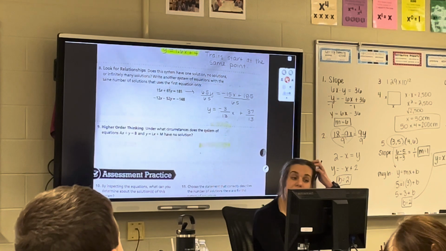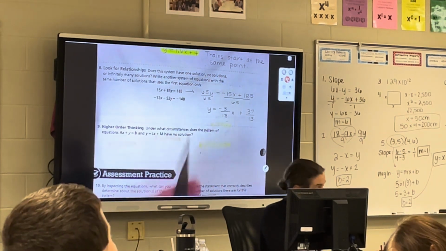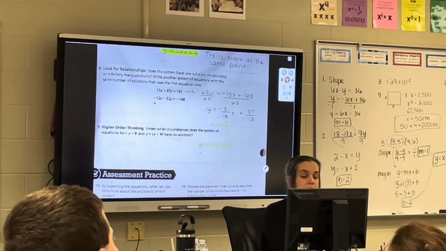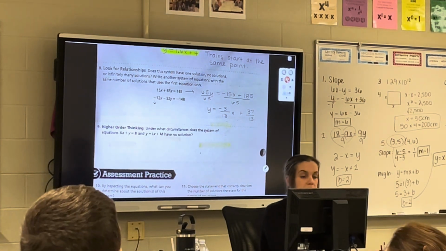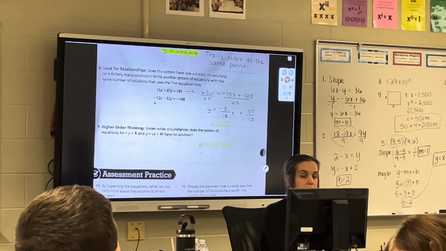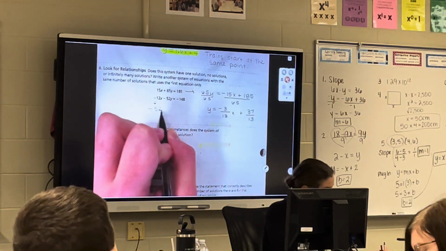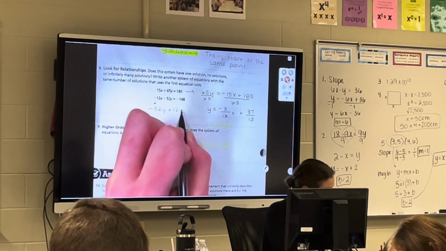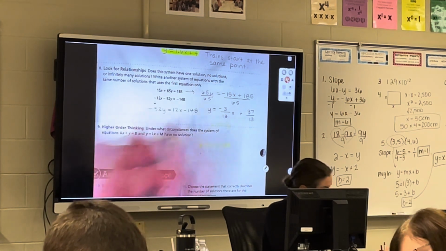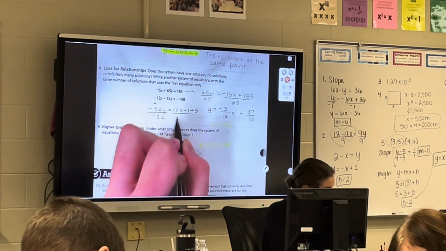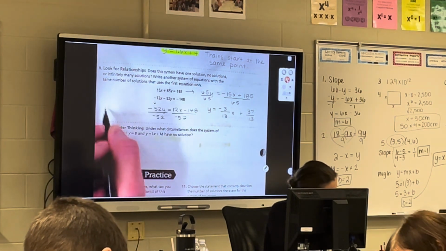All right, Charlie, what am I gonna do with my second equation here? First step, move the 12x and have it negative 52y plus 12x. So you're adding it to the other side, okay? Then I'm gonna divide both sides by negative 52.